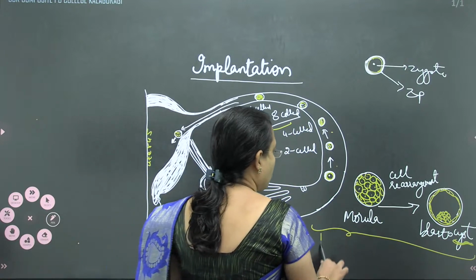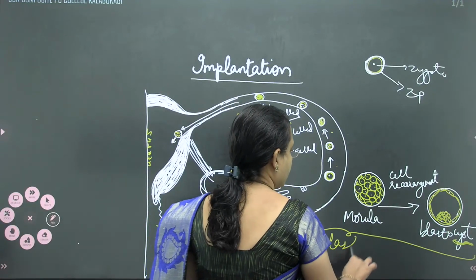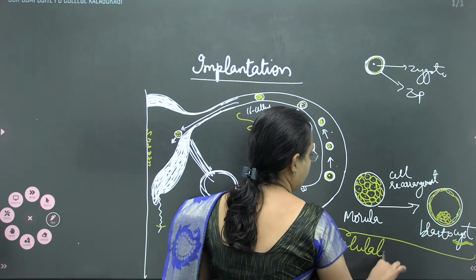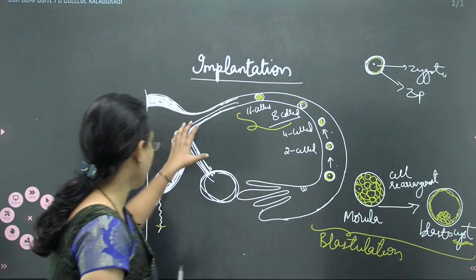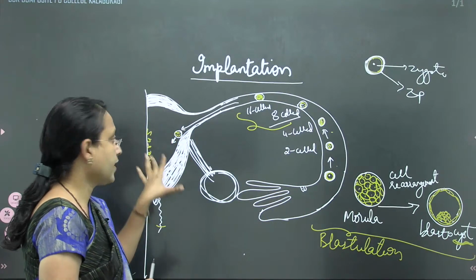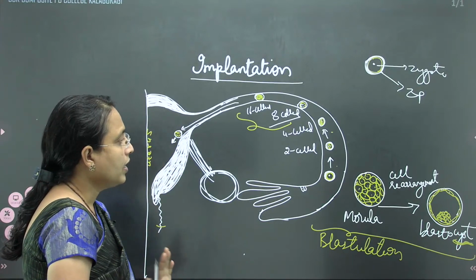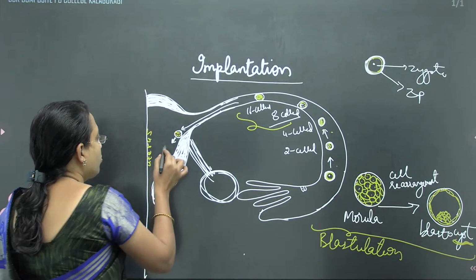This process is called blastulation, the transformation of the morula into the blastocyst. So what is formed?